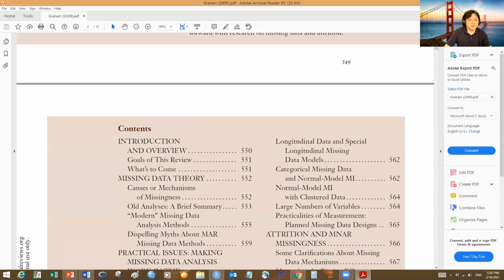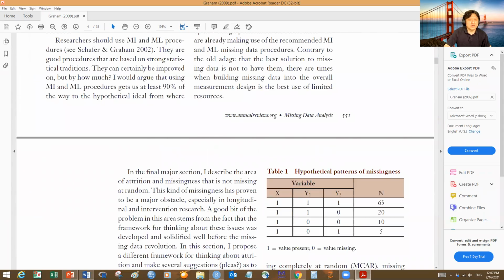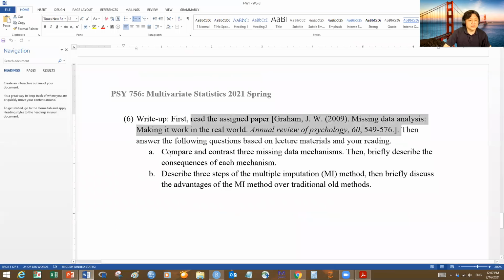Please read this paper first, and then you can answer these two questions. Compare and contrast the three missing data mechanisms, and briefly describe the consequences of each mechanism. Describe the three steps of a multiple imputation method. Then briefly discuss the advantages of the MI method over traditional old methods.